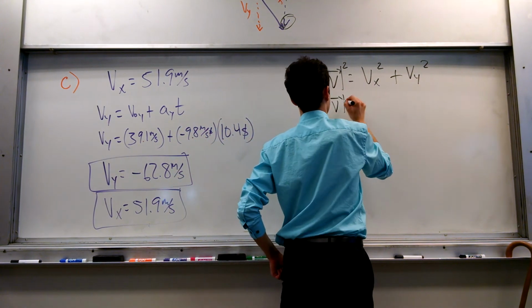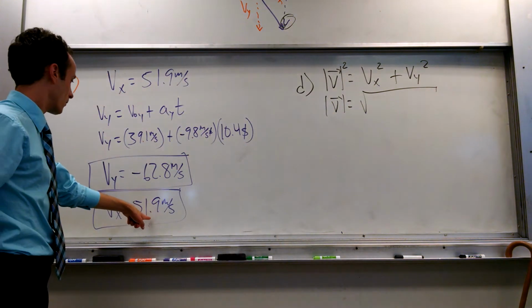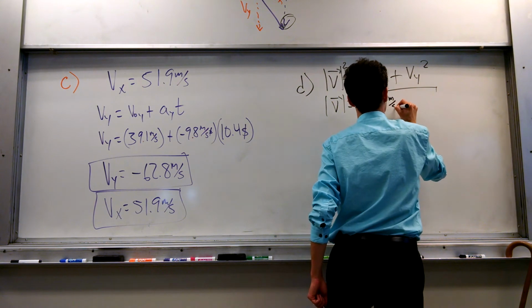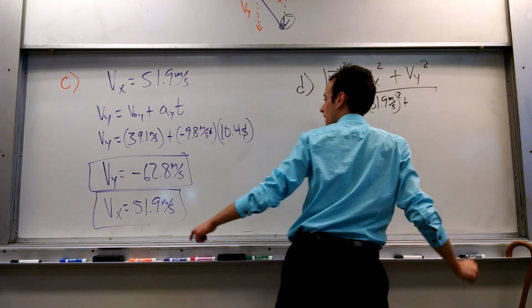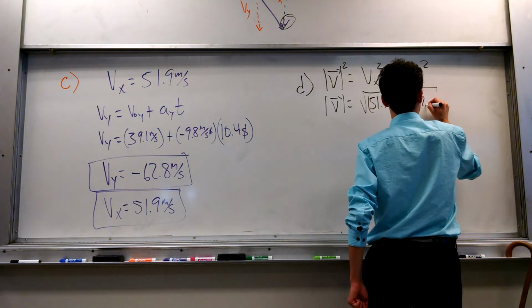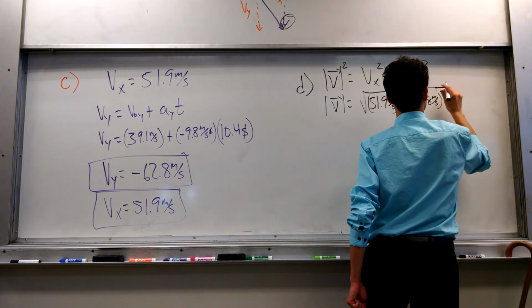Then if I just solve for this, I'll be able to find it. I'm going to take the square root of both sides. My x component is 51.9 meters per second, squared, plus my y component, negative 62.8 meters per second, squared.